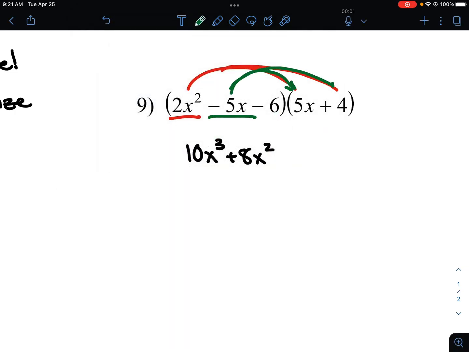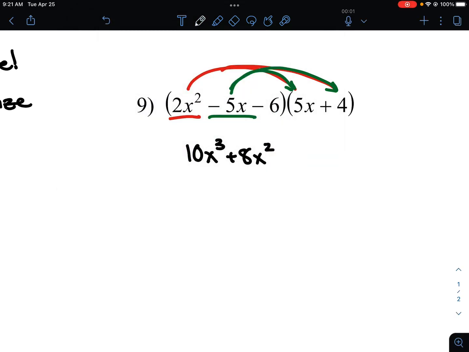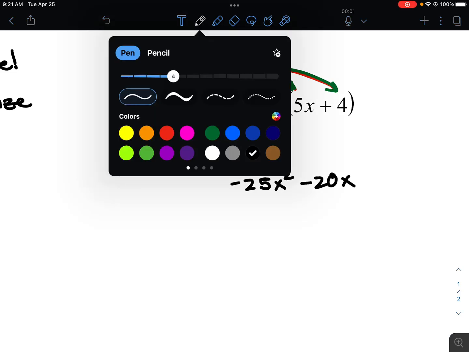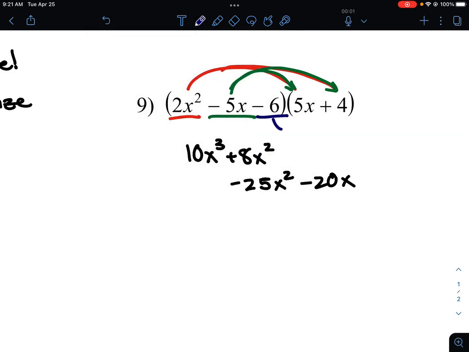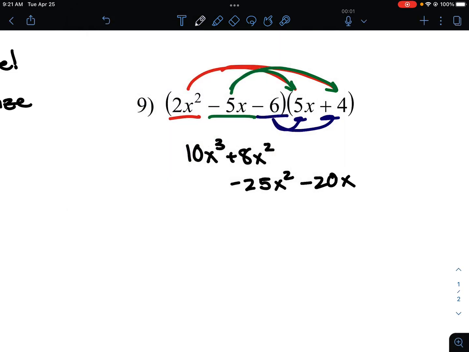Distribute it to both. That's going to be minus 25x squared and minus 20x. And then focus on the last and distribute it to both. And that's going to be negative 30x minus 24.